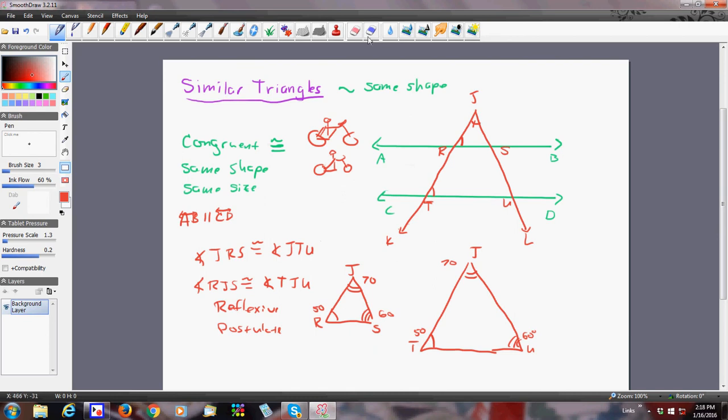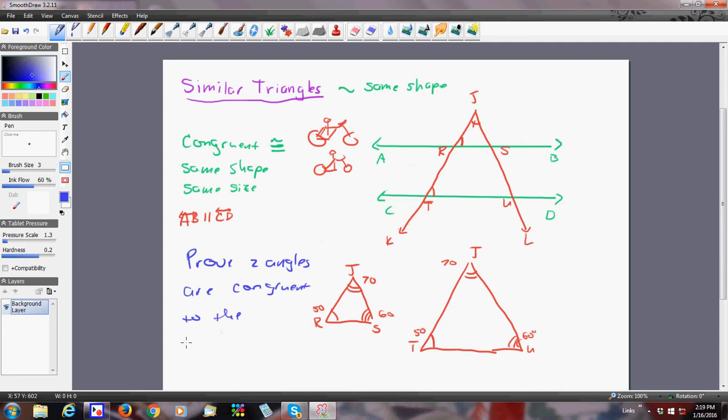And actually, all you need to prove that two triangles are similar is that you need to prove that two angles are congruent to the corresponding pair of angles in another triangle.